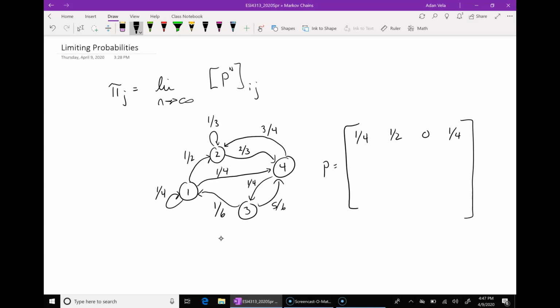For state 2, we have 0, 1/3, 2/3, and 0. Then 1/6, 0, 0, 5/6, and finally for state 4, we have 1/4 and 3/4.